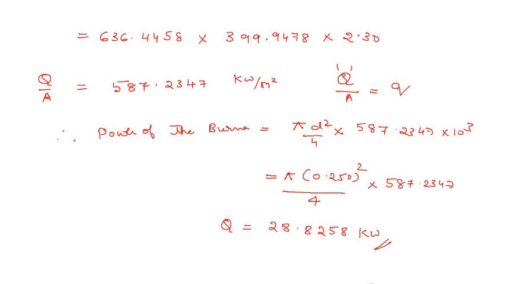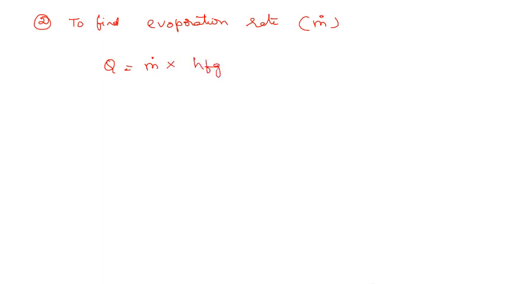Next one, we are supposed to find out the evaporation rate. To find the evaporation rate, that is m dot, I can use Q is equal to mass flow rate into HFG.